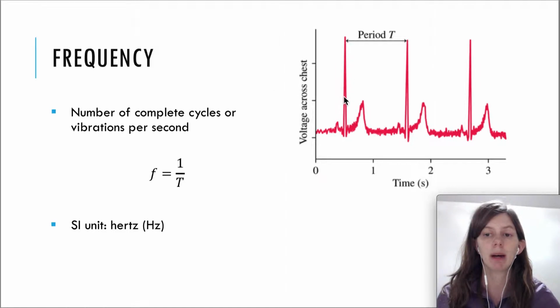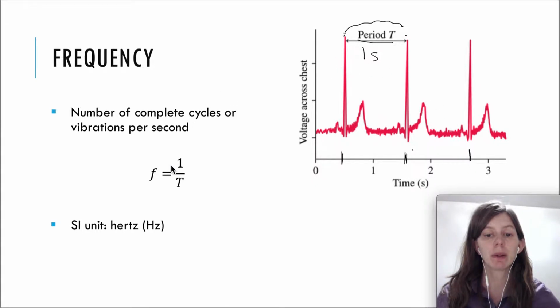Over here we have a graph showing the heartbeat of someone, and you can see that every time it beats there's a spike. A complete cycle is given by going from one peak to another. The time it takes to go from one peak to another is the time for a complete cycle, which is the period that we just discussed. In this case, the period would be 1 second, because there's 1 second between each cycle.